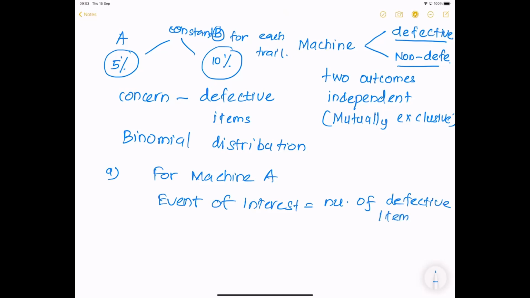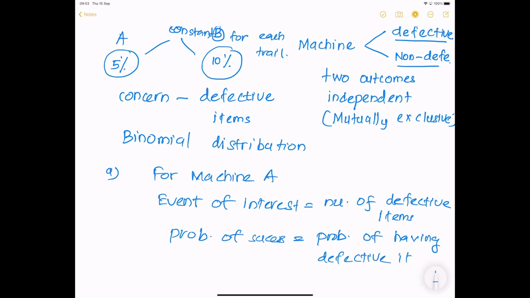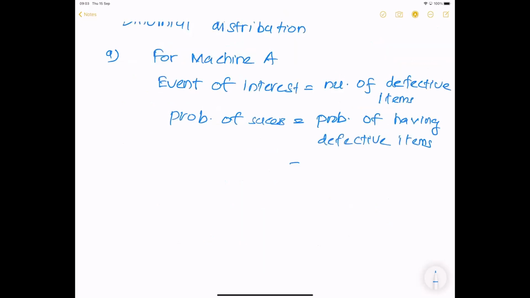So the probability of success, what is that? The probability of success is the probability of having defective items. You can see here that is 0.05.